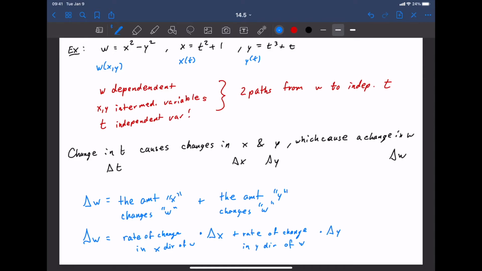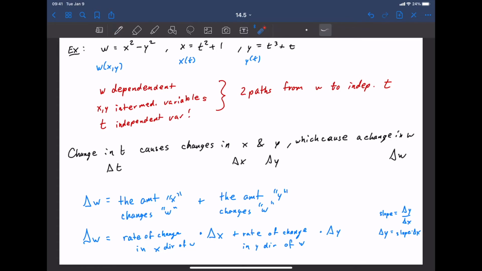And again, the useful thing might be the idea that slope is a change in y over a change in x. So when we want to find the change in the dependent variable, we're thinking about slope or rate times delta x.